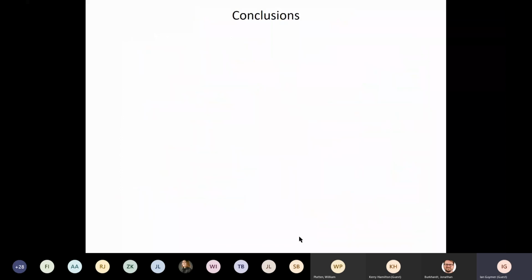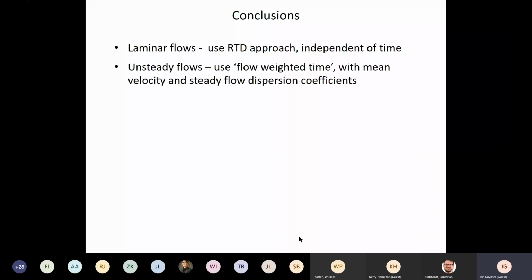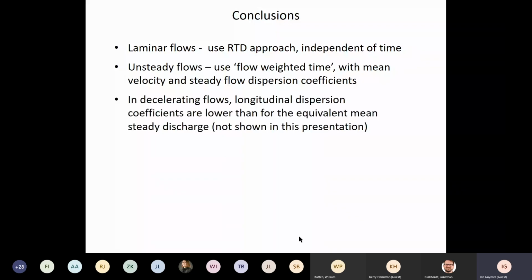So if I quickly run through my conclusions, and apologies that I've taken longer than I anticipated. In laminar flows, we suggest we should use a residence time distribution approach, which is independent of time, so it makes it easier in that sense. For unsteady flows, we should be working in flow weighted time so that we can correctly analyze the dispersion.